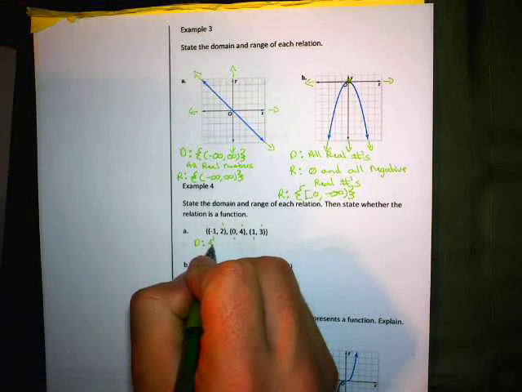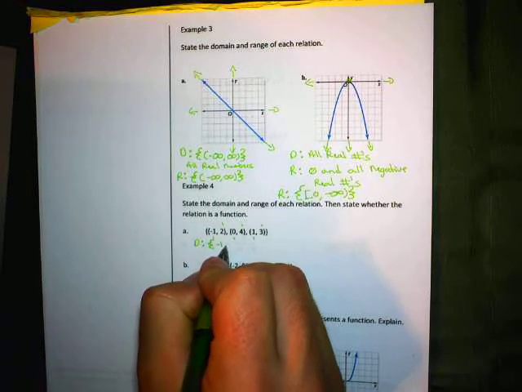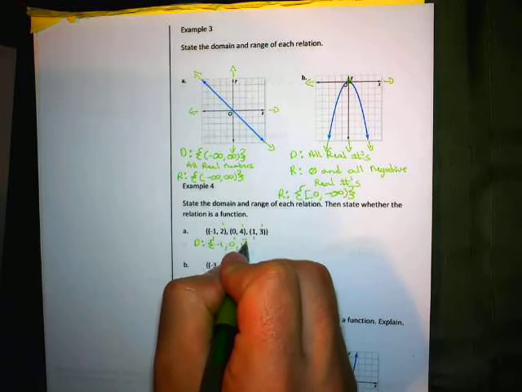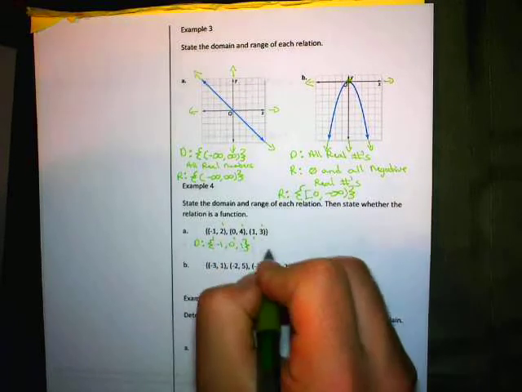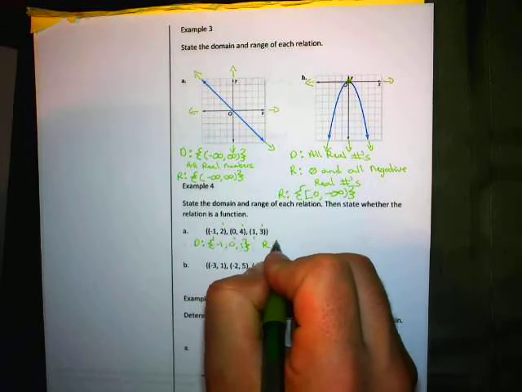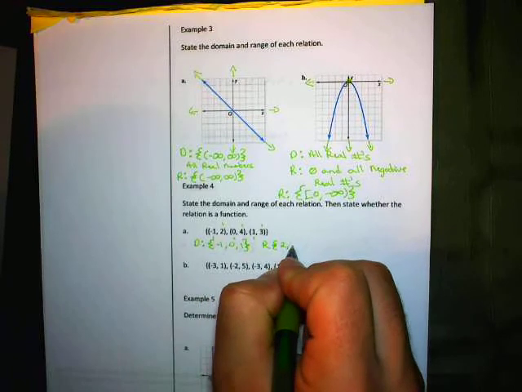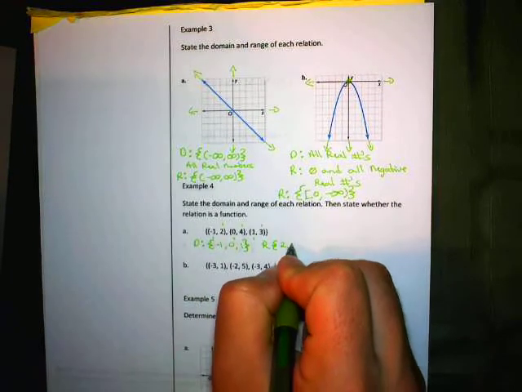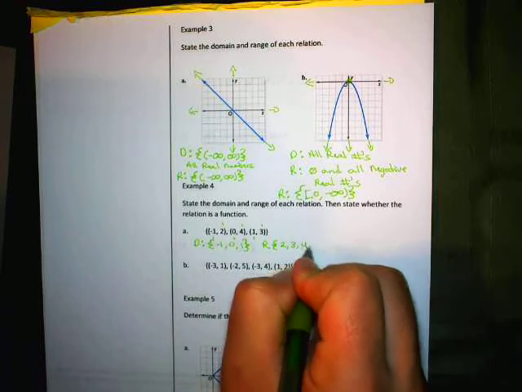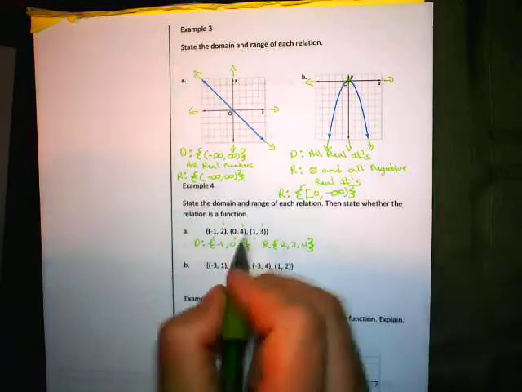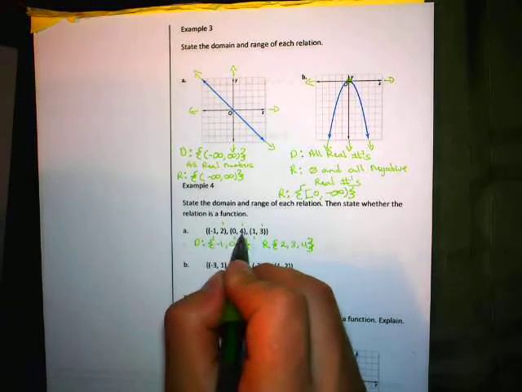Domain is going to be -1, 0, and 1. And range is going to be 2. Now watch this, 2, 3, then 4. When I state my domain and range, I need to put them in numerical order. So 4 has to go across.